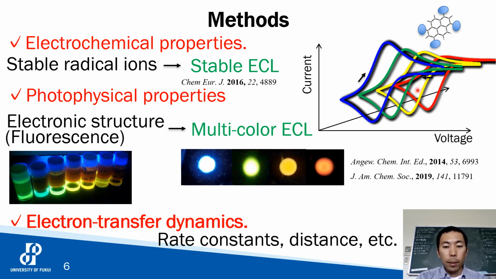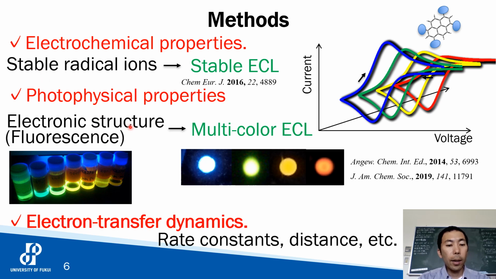The blue one is a typical response for stable radical ions, that is, the peak current in the backward scan here is comparable to that of the forward scan here. When the radical ions are unstable, the current response in the backward scan decreases this way. The red one is a typical response for unstable radical ions.